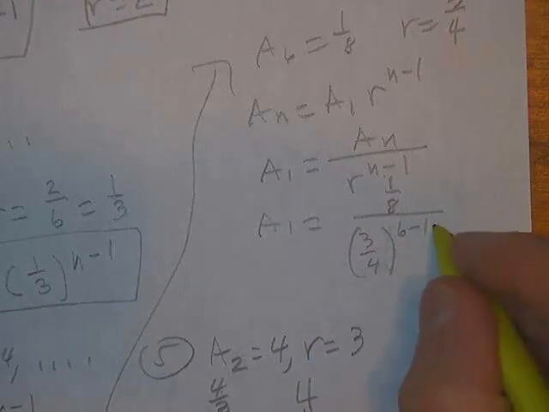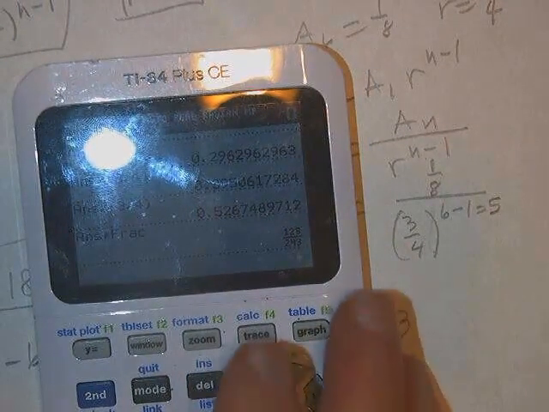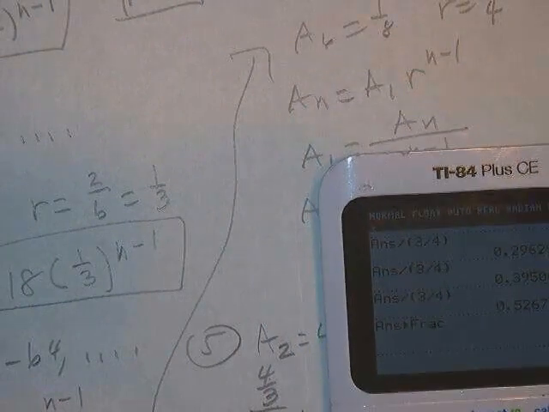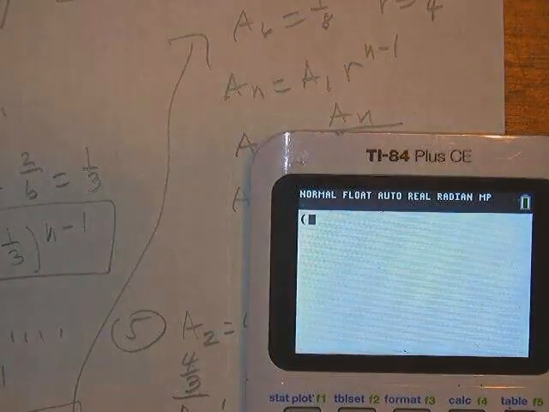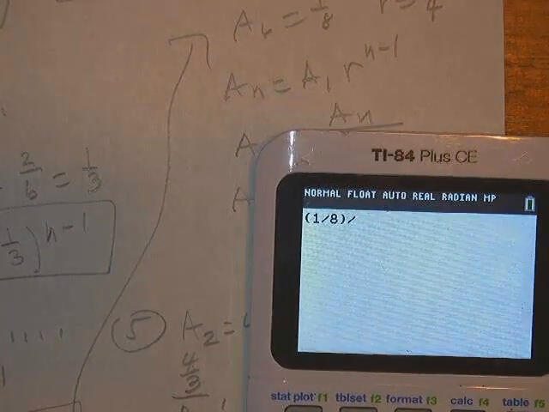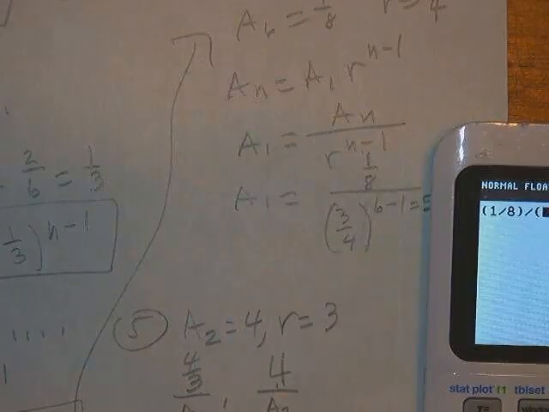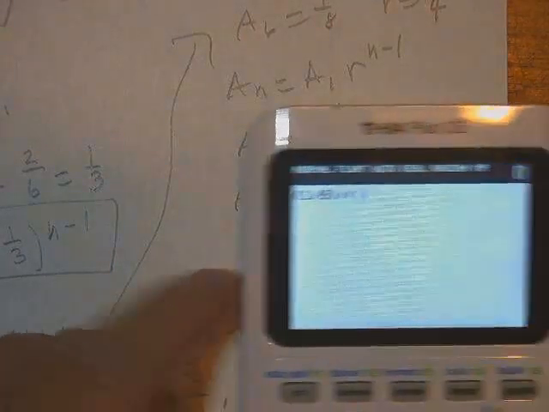6 minus 1 is 5. So I need an eighth. Okay, so let's take an eighth and let's divide that by 3/4.